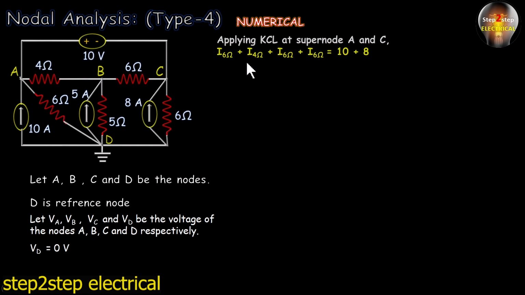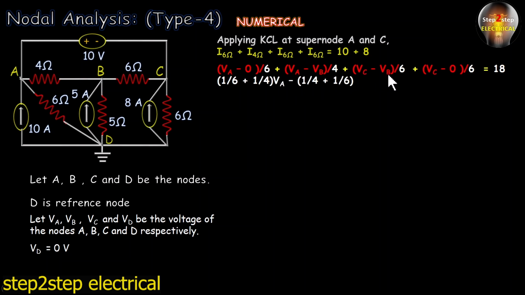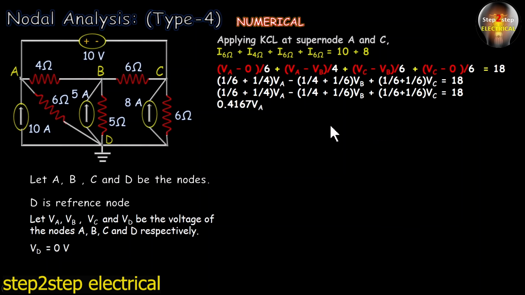So we can replace with its equivalent value by using Ohm's law, and this is VA minus 0 upon 6 plus VA minus VB upon 4 plus VC minus VB upon 6 plus VC minus 0 upon 6 is equal to 18. And on simplifying, we will get 0.4167 VA minus 0.4167 VB plus 0.33 VC is equal to 18. So this is the first equation.